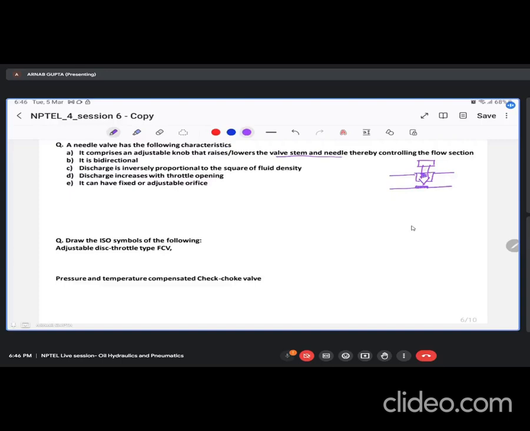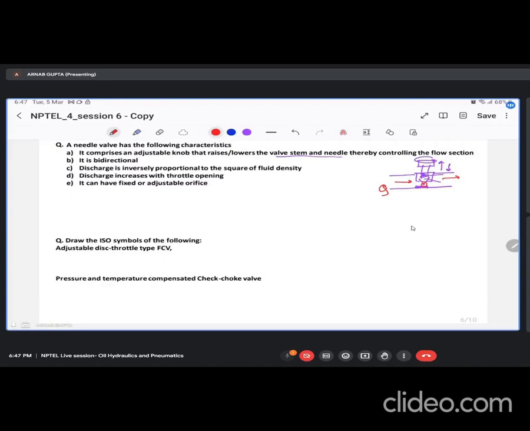This is the stem and this is the needle. So by rotating it, it can be lowered or raised, and this particular section can be adjusted. So the flow through this will also be adjusted.